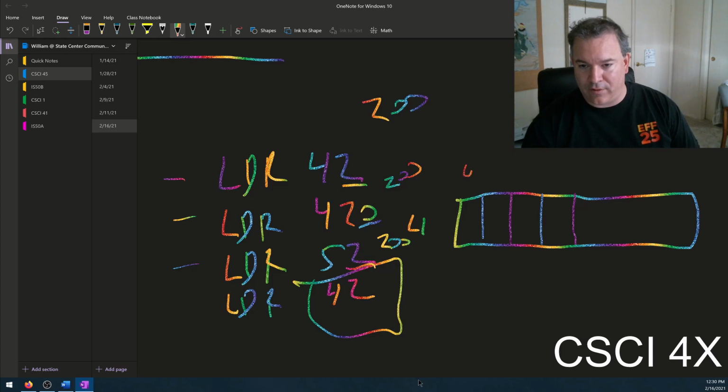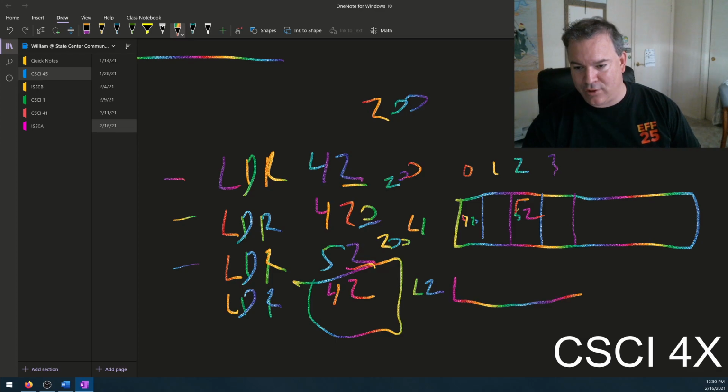I guess I don't need to draw the rest of them. So 420 is in here, and this guy is going to be 52 now. So after the third line runs, this is going to knock out 42 from slot 2.